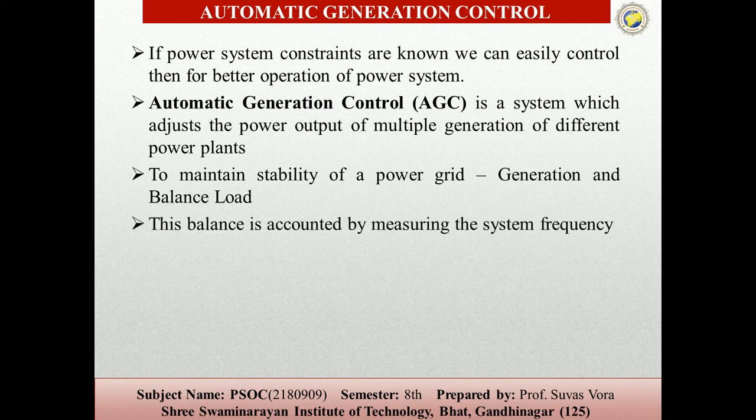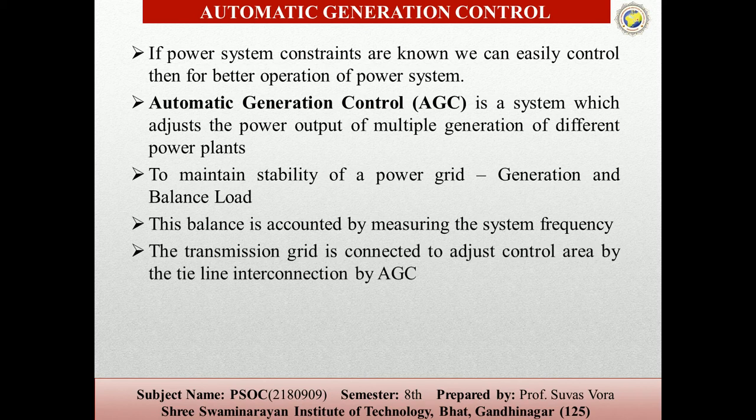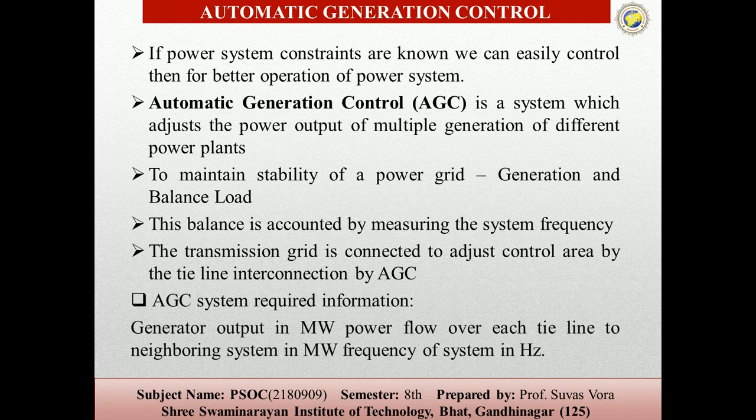Then this balance load is accommodated by measuring the system frequency and the transmission grid is connected to adjust the control area of the tie line in corrections by the AGC. So the AGC system has required information to generating output in megawatt, power flow over each tie line to neighboring the system in the megawatt, frequency of the system.